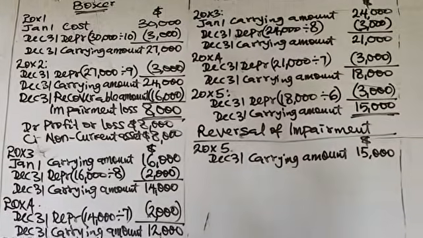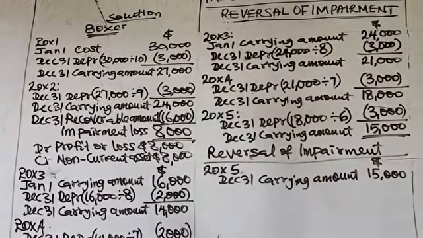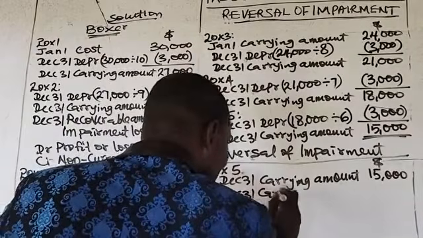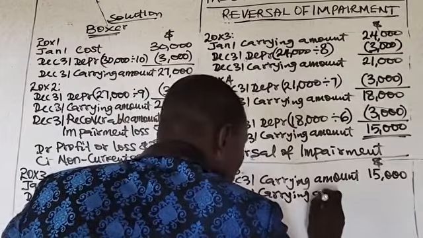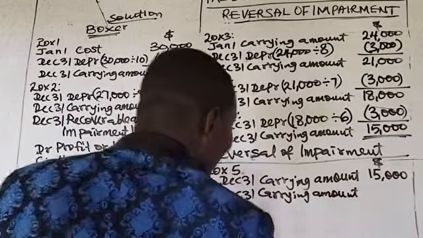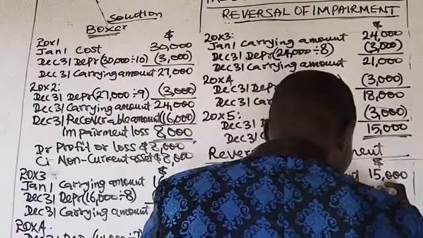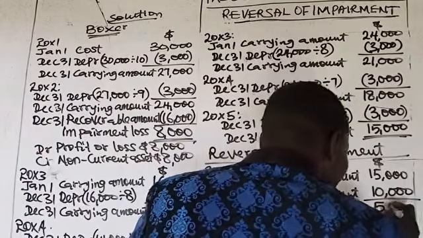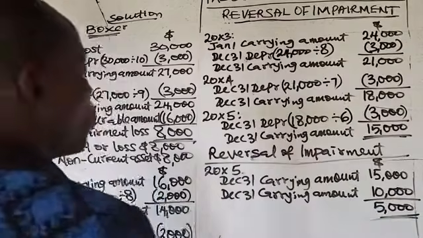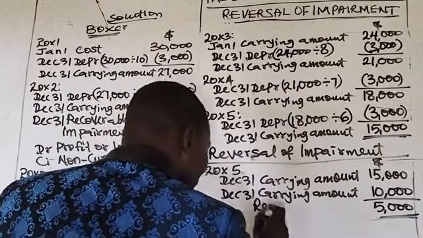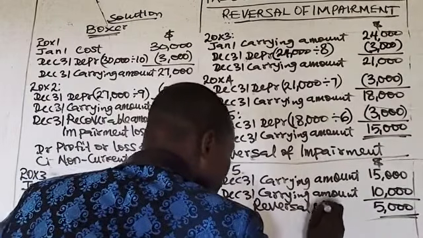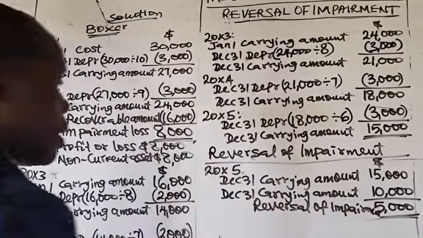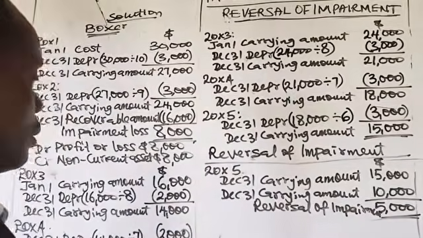Comparing the two carrying amounts, the difference will be 5,000. This 5,000 is the amount you will reverse as reversal of impairment. You can't reverse up to 8,000. You can reverse up to 8,000 based on this question.